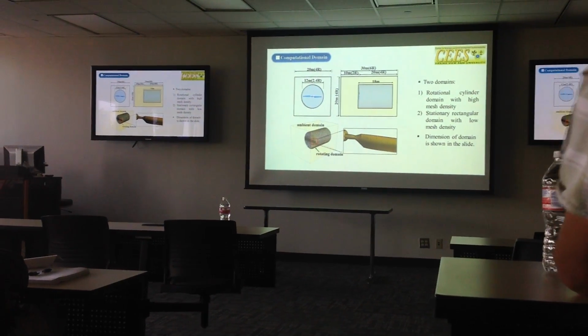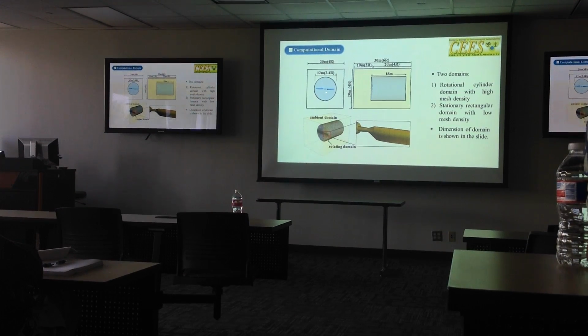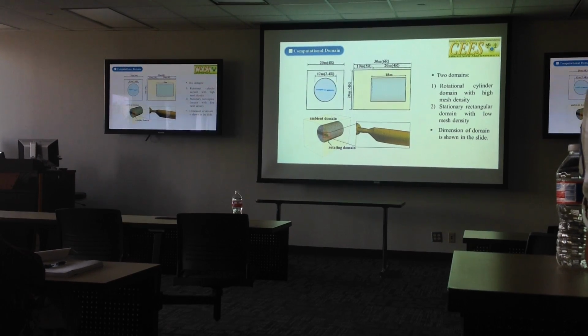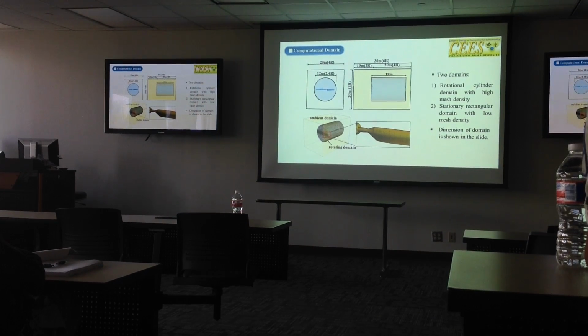These 2 parts have low mesh density, and this part has the high mesh density. The benefit of doing this is we can reduce the simulation time, and at the same time the accuracy of the simulation can be guaranteed. And this shows the dimension of our domain.